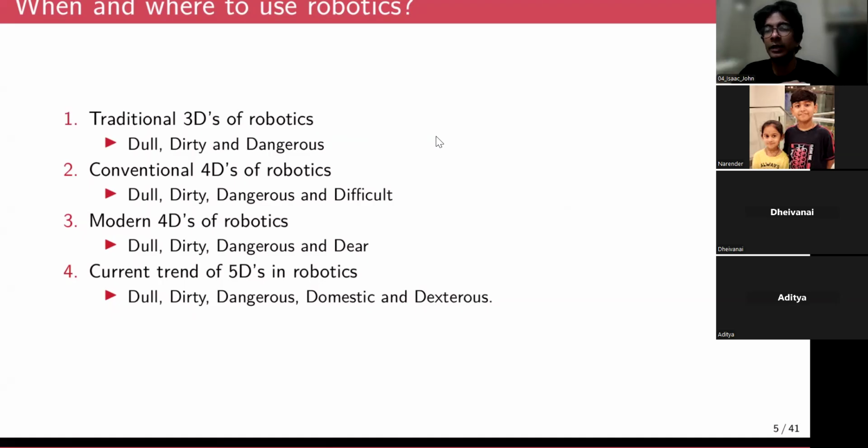For example, if you consider the tip of this pen as a workspace point, and the tip of my arm as the robot's gripper, I can reach the tip of this pen with any possible orientation. So those points are called dexterous points.